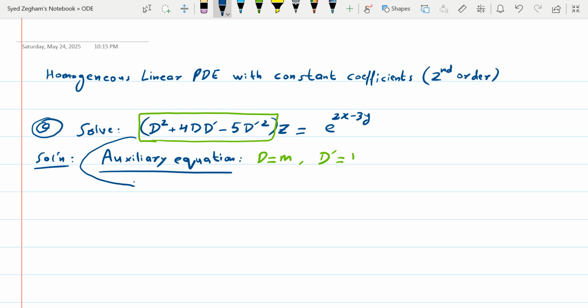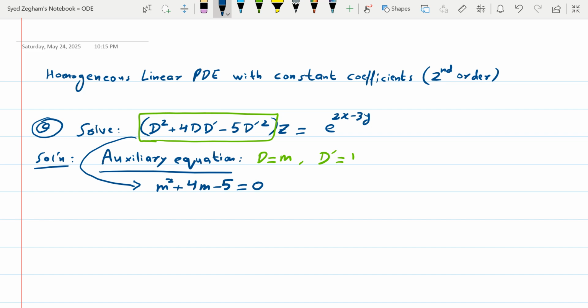So what happens? The part which is inside the bracket will give me m square plus 4 times m times 1, that will be 4m, minus 5 times 1 square, that will be 5. So I am getting m square plus 4m minus 5, and this we will put as equal to 0.